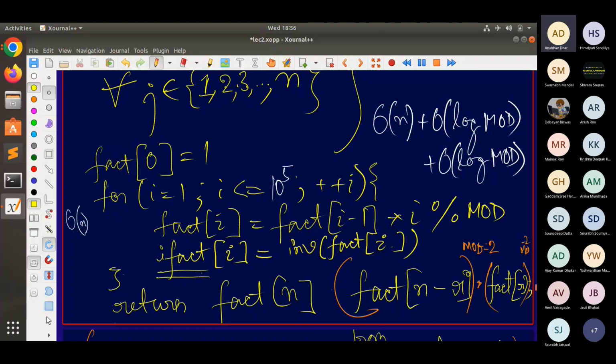So ifact is another array that stores the inverse of the factorial of i, such that this multiplied with fact, modulo mod, would give you 1. So what, when multiplied with fact 0, gives you 1? Anyone? 1. Yeah, so ifact 1 is also equal to 1.